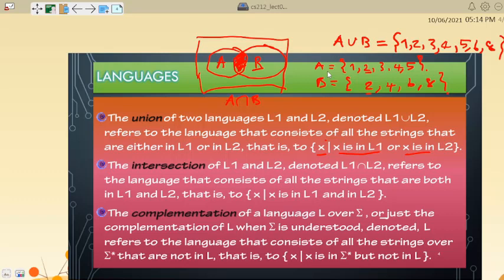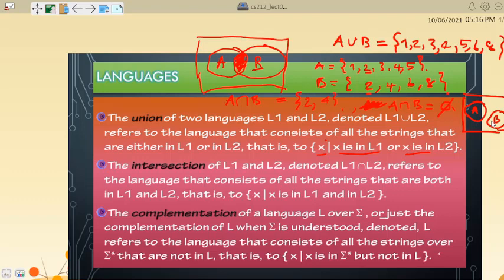We call that A intersection B. For example, if A is {1, 2, 3, 4, 5} and B is {2, 4, 6, 8}, then A intersection B is the elements that are in both A and B. That is 2, because 2 is in A and also in B, and also 4. So 2 and 4 form A intersection B.